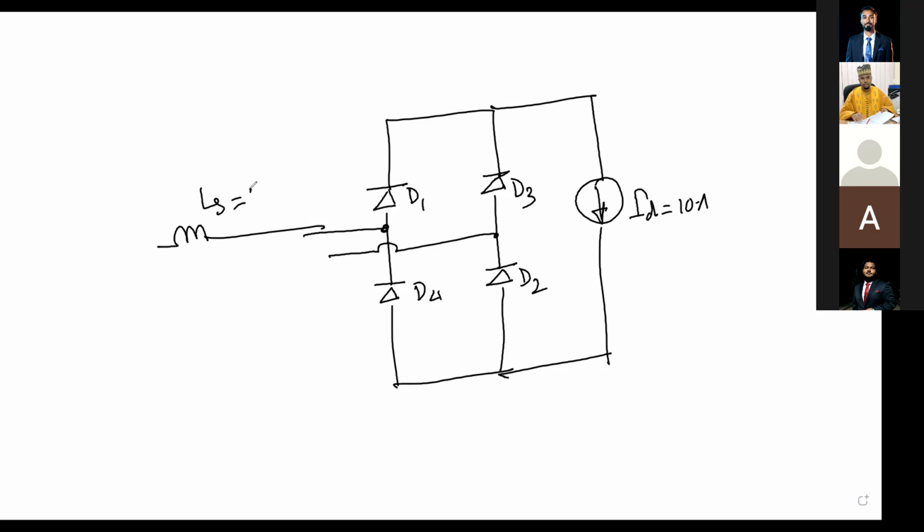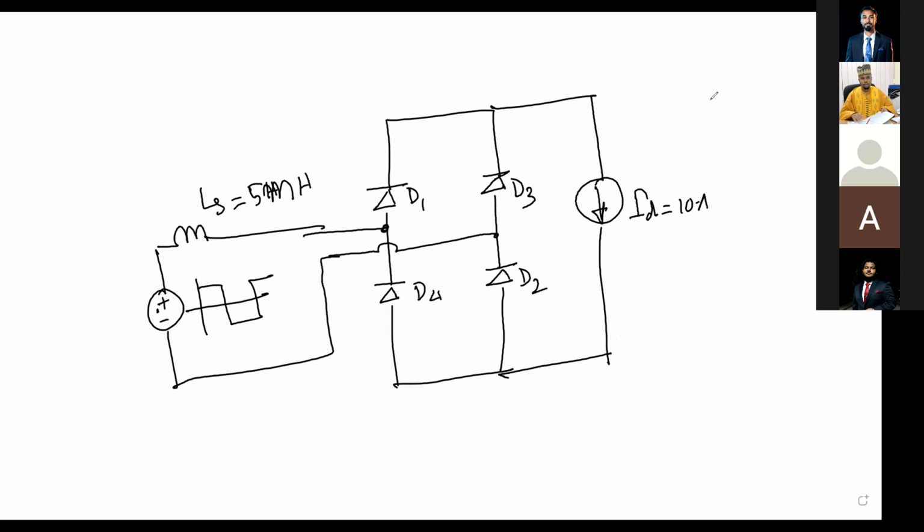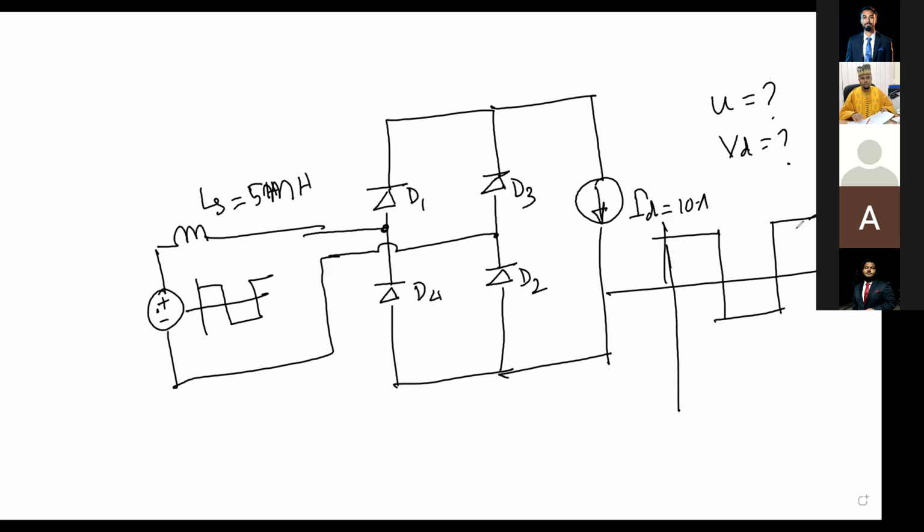L is equal to same 5 millihenry. This is the same thing we got here. Again, find U equal to what and VD equal to what. This is your input voltage, 100 volt. This is your minus 100 volt.